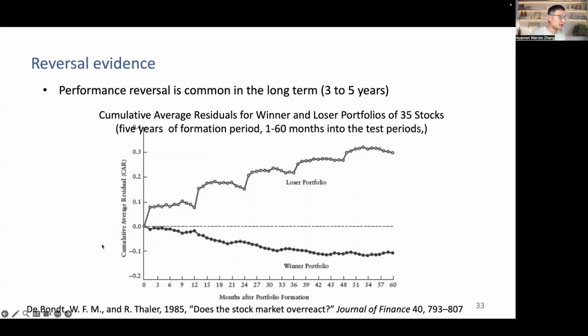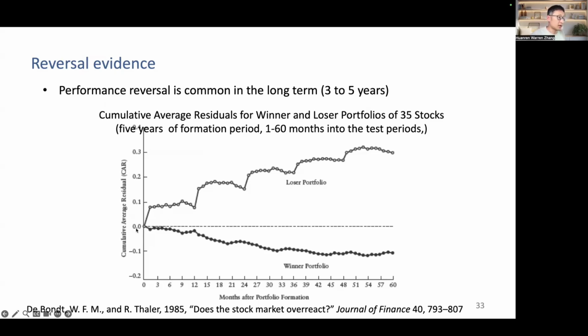So here is a study that shows the corresponding cumulative average returns for winners and losers portfolios of 35 stocks over a 5-year span. Right? So that is 60 months. And over the time horizon of 3 to 5 years, we actually observe some performance reversal.